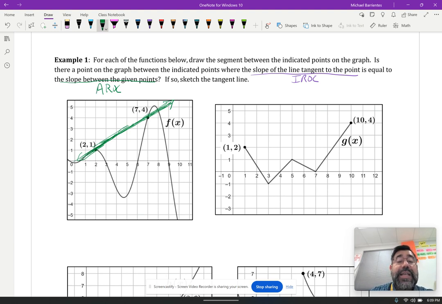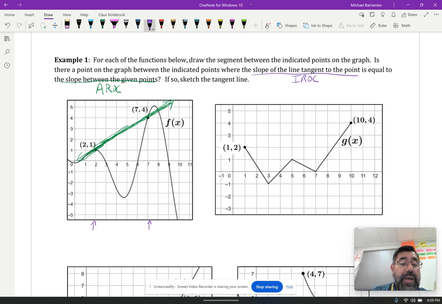What we're saying is, is there a point in between x equals -2 and x equals +7 where, if I draw the tangent line, it's going to be exactly the same slope as this green secant line?